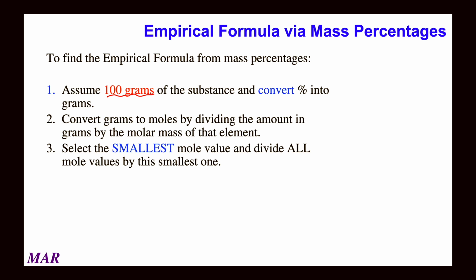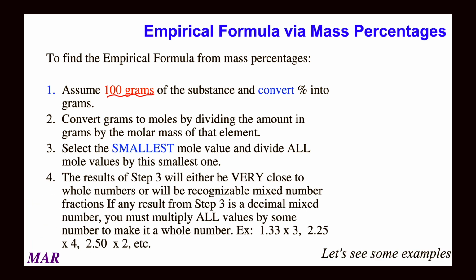And then finally, you want to compare the moles, find the smallest value of the moles, and divide all of them by that. That'll make more sense when we go through it. But let's say you had 2 moles of carbon and 1 mole of hydrogen. You would want to divide by 1 mole, the smaller of the numbers. And the ratio you're going to get then is going to be very close to the empirical formula.